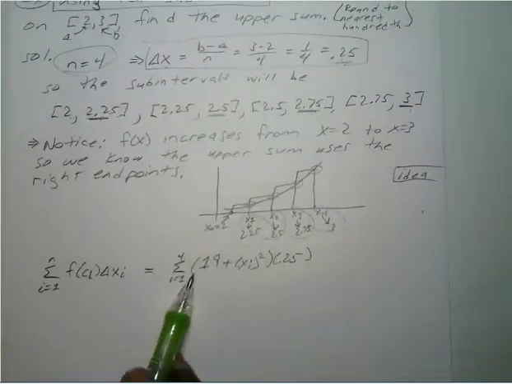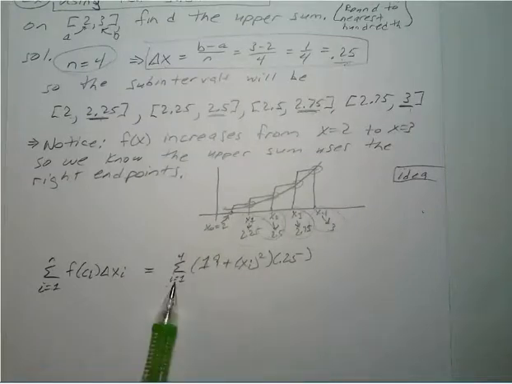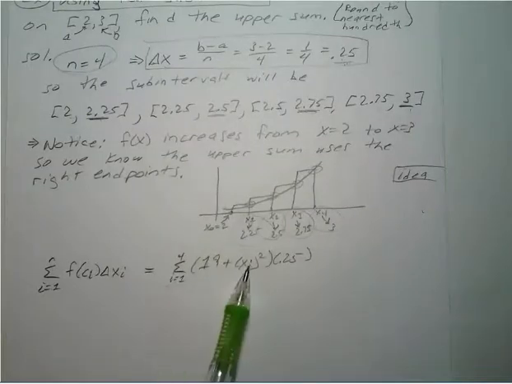Okay, so now we use this formula by plugging in i equals 1, i equals 2, i equals 3, and i equals 4.